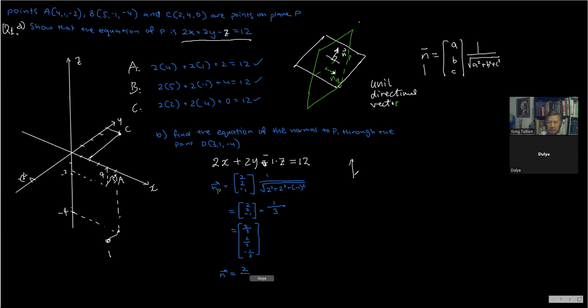So how can we solve this puzzle? This is NP. This is NQ. So the dot product must be equal to 0.